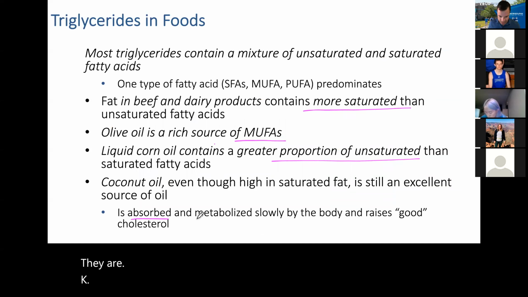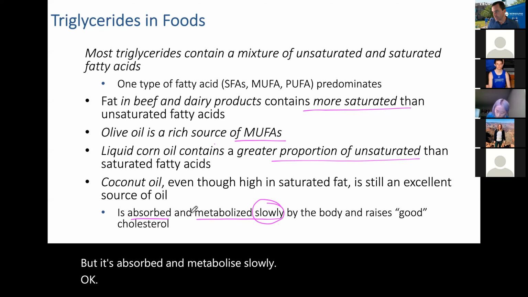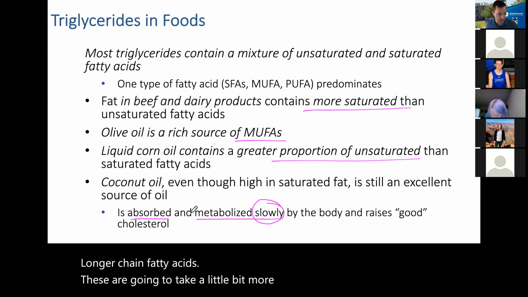But it's absorbed and metabolized slowly. It has a lot of medium chain fatty acids, longer chain fatty acids. These are going to take a little bit more time to get into the blood.